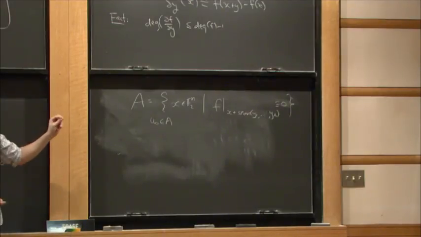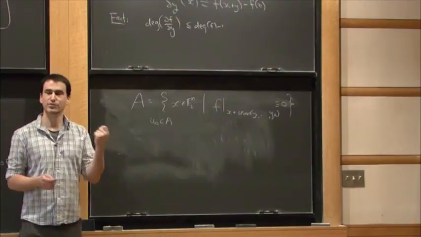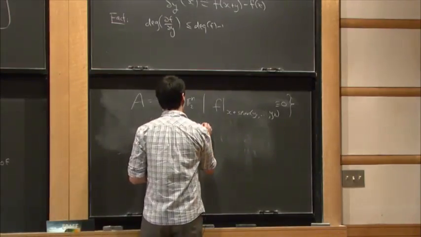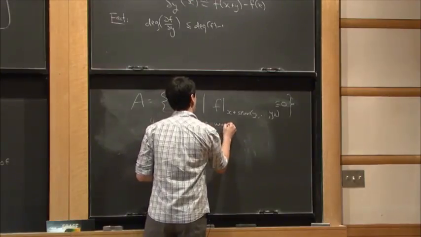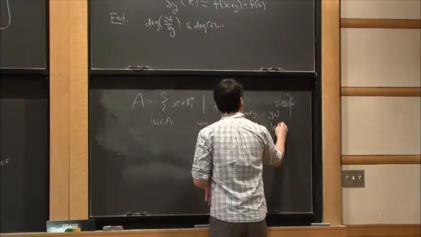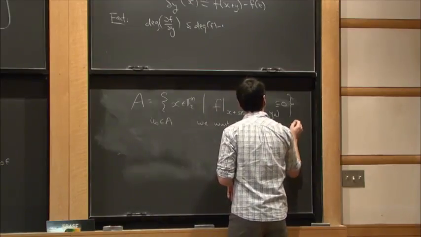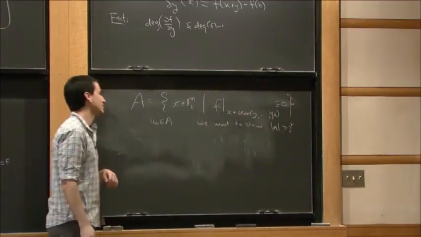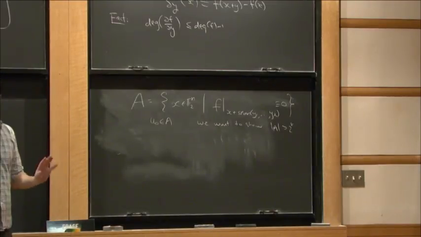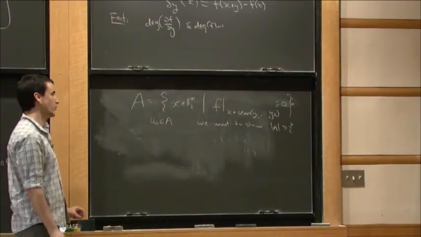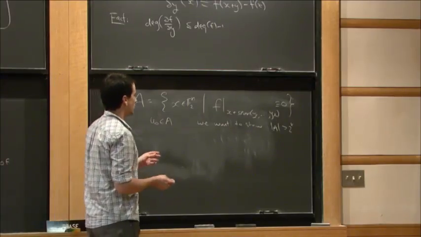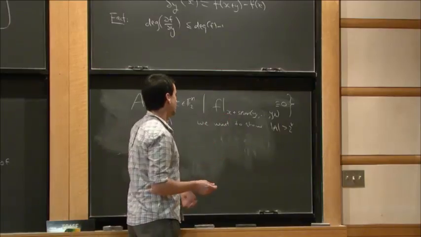So I want to show that A is of size bigger than 2 to the k. So we will show this, and from this we will find our new yk plus 1. How may we interpret this thing?